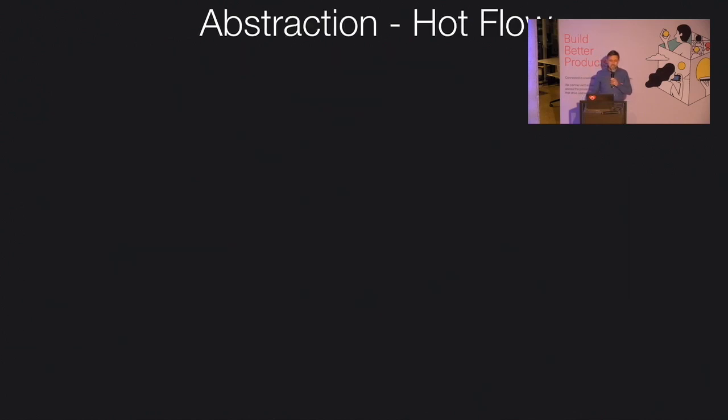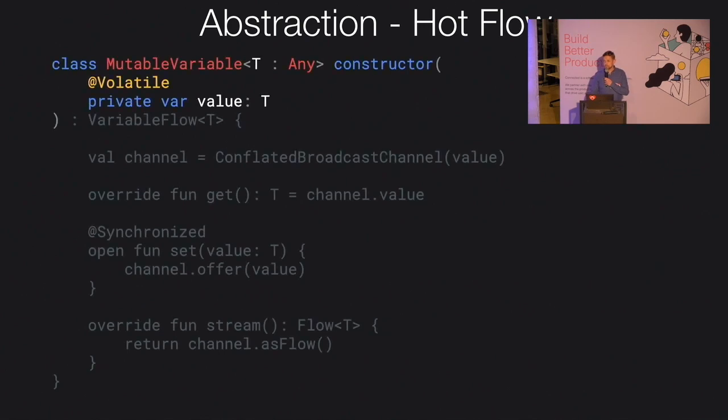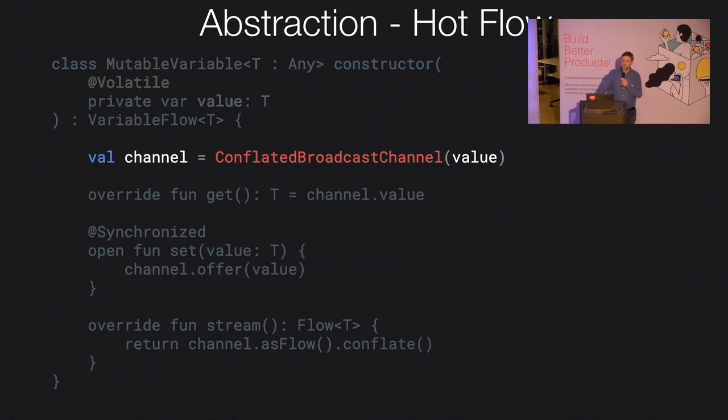To do this in Flow, it's actually a hot flow. Not all flows are cold, although by convention they are. Here again, you pass in the default value. This time we're using a channel called a ConflatedBroadcastChannel. Conflated means that if you're emitting more values than you're reading, it just overwrites the last value.